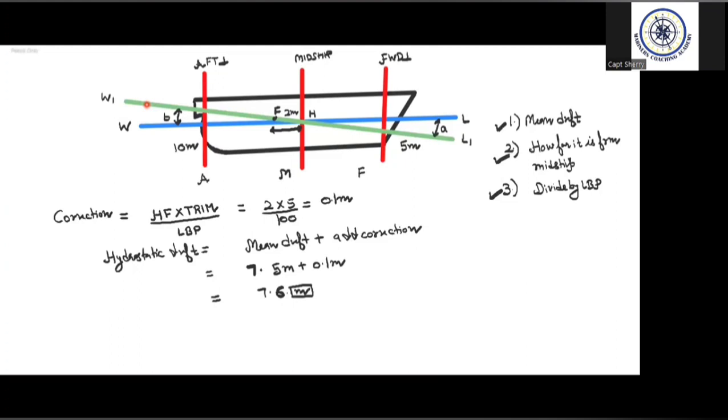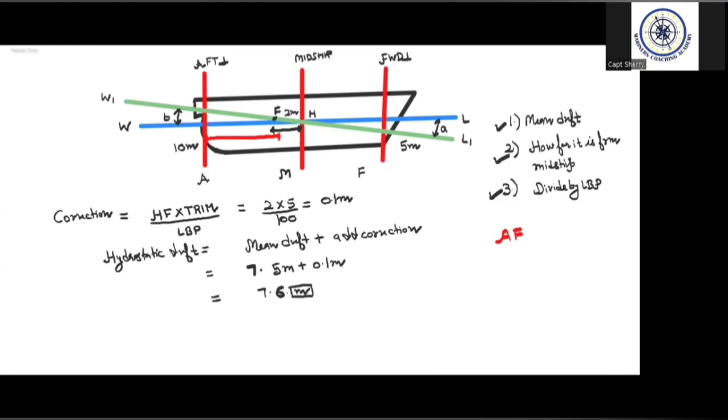Now you can also look at your hydrostatic tables, what has been given to your ship. Maybe HF is not available there, and what is available is your AF, which is the distance from the aft perpendicular to the center of flotation. So this is AF. From there you can have this also, that is this distance.